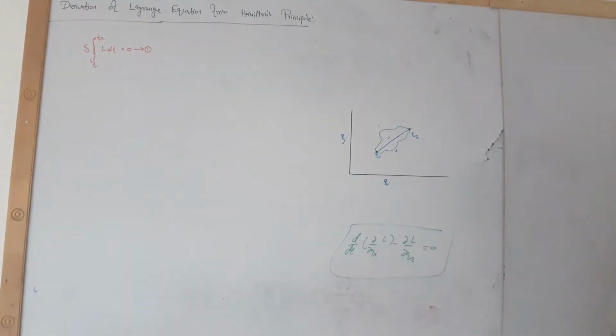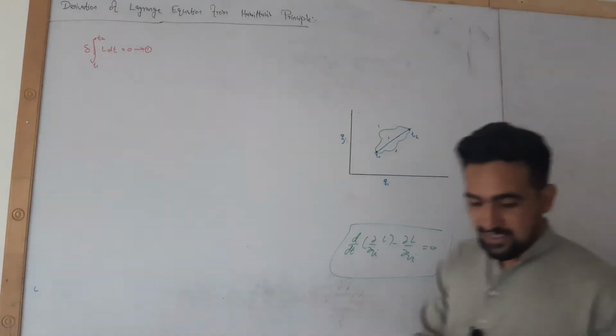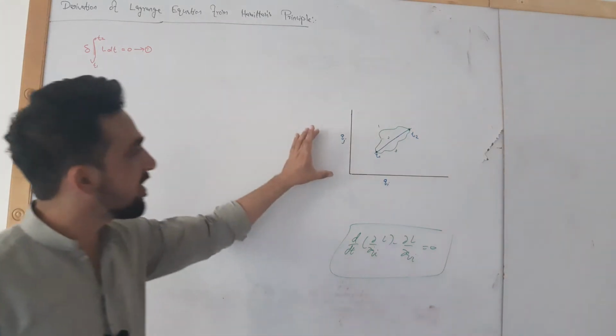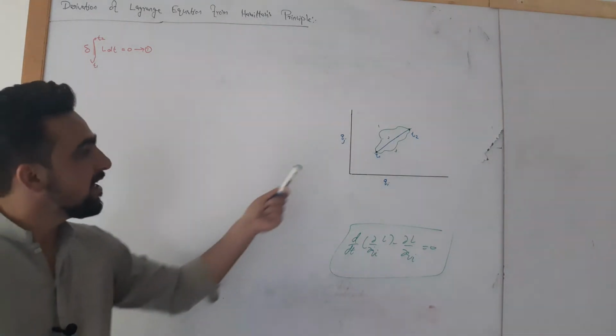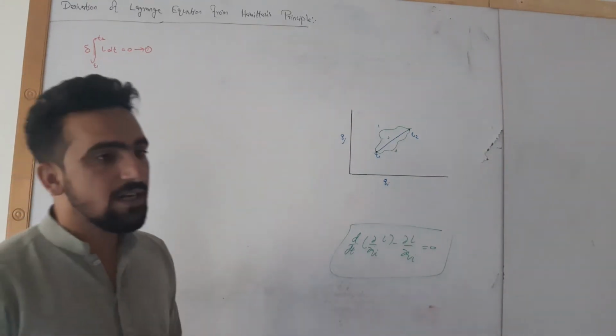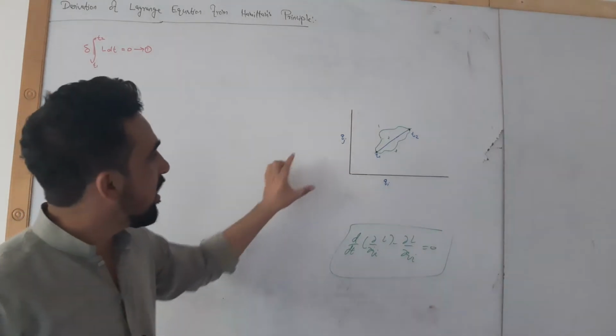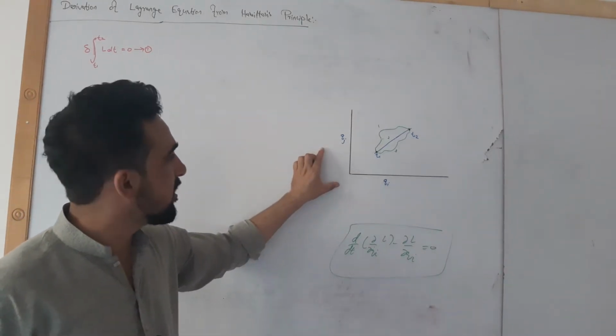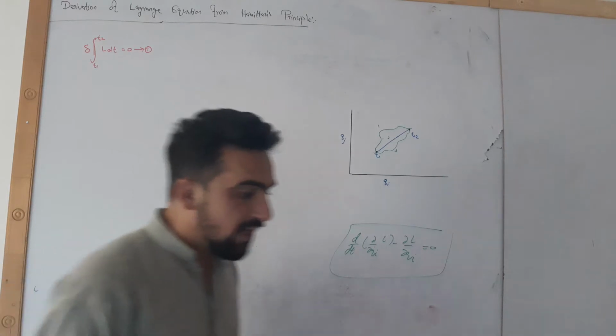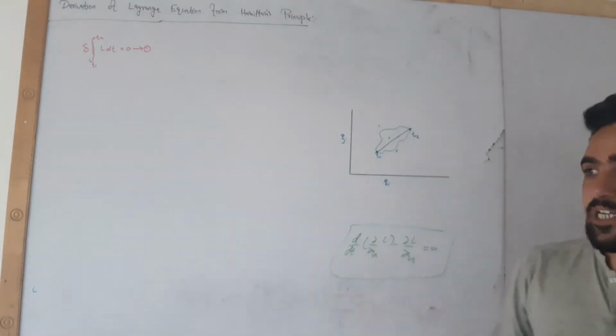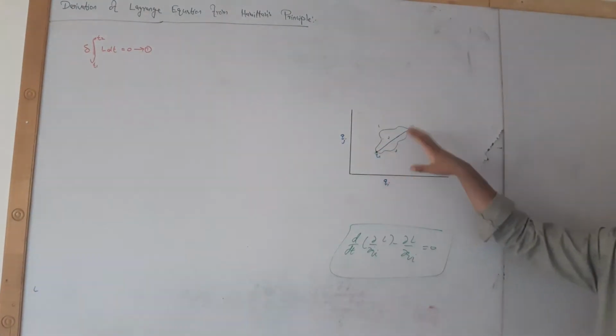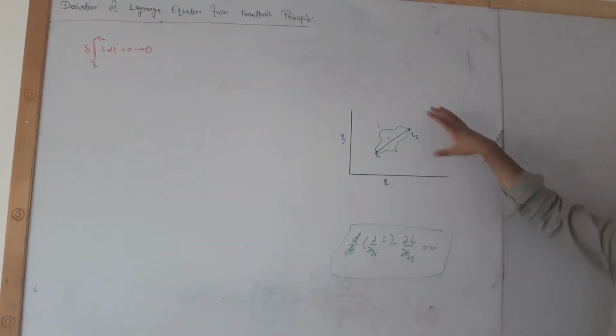Okay, so let us consider this system of generalized coordinates. We have a configuration space of generalized coordinates in which there are n generalized coordinates, and this space has n dimensions.